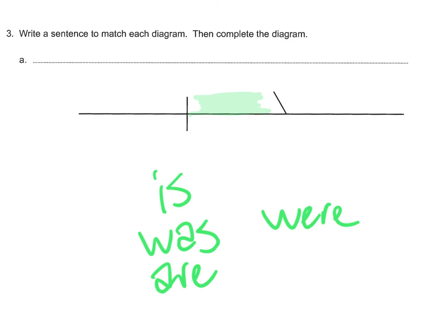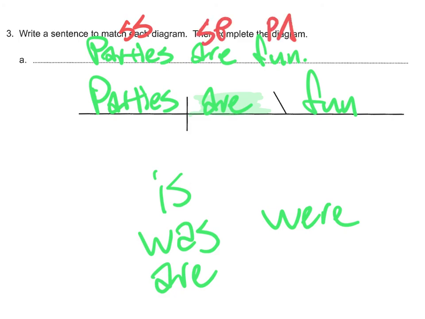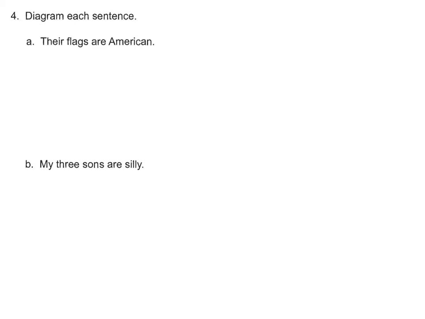So we could say, for this example, parties are fun. Parties are fun. And then we can use the simple subject, simple predicate, predicate adjective, fun, parties. There you go. Keep going. You can do it. Here's 3B. Here's 3A. You can do it.